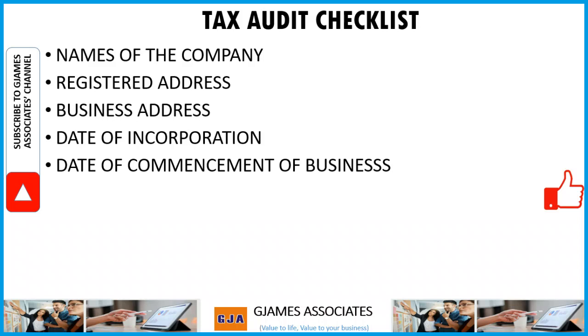And there are other aspects of it that tax officers will want to know. Now it is you, because the question is being asked to you: what will you expect in the tax checklist of your people, or the checklist you yourself want to make to work with? These are the things that you need to work with.